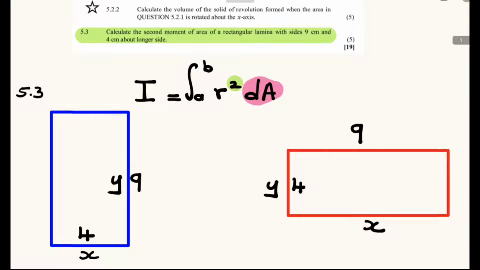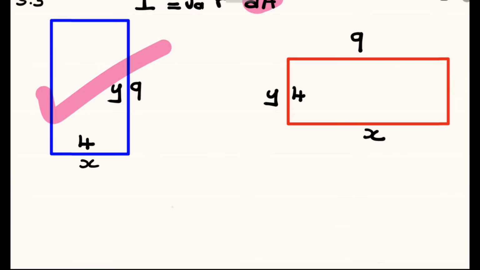So if we were to go with the blue rectangular prism, our area will be equal x multiplied by y. And since we were told that we calculate the moment about the longer side, that side will be constant. So in the place of the longer side, which in this case is y, we substitute the 9.